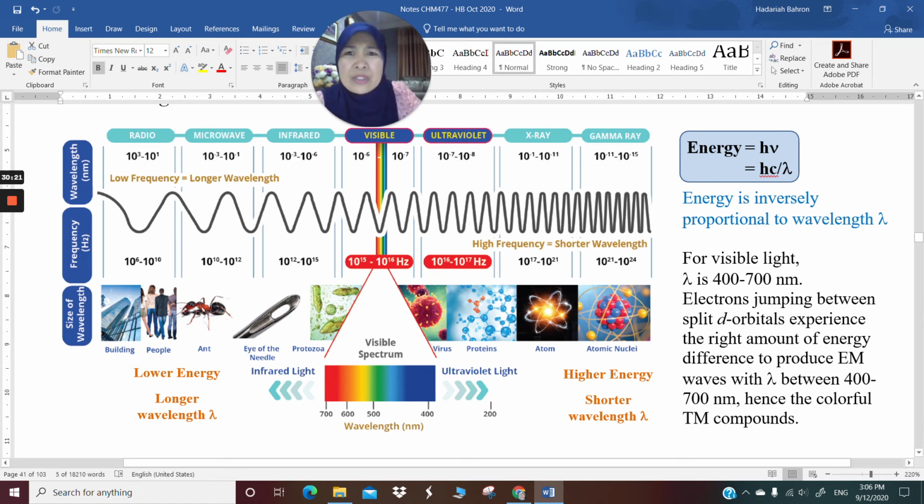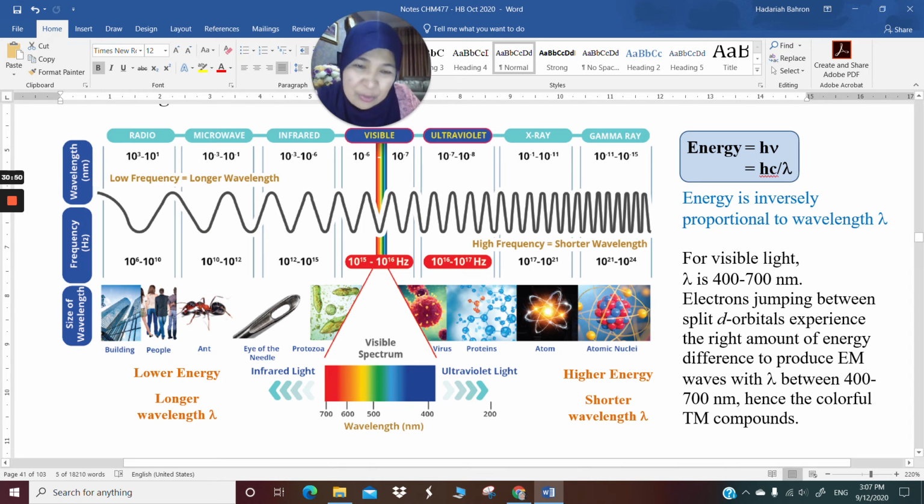That's why when you are going to an X-ray department in the hospital, all the staff will go out of the room. You will be left alone in the X-ray room because they don't want to be exposed to the X-ray, because X-ray is high in energy.